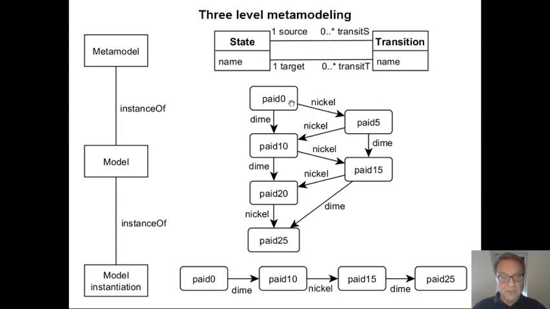So this arrow will become a transition object here, and there is a name associated with the transition object. The name will be nickel, and as you see here, there are various transitions with the name nickel, so the name here will not be unique. On the other hand, in this particular example, the names of the states will be unique when we build an instantiation.